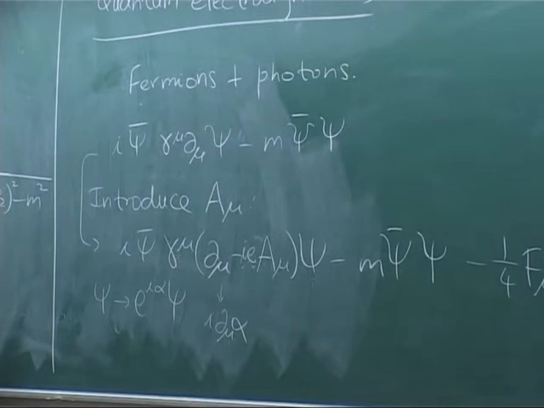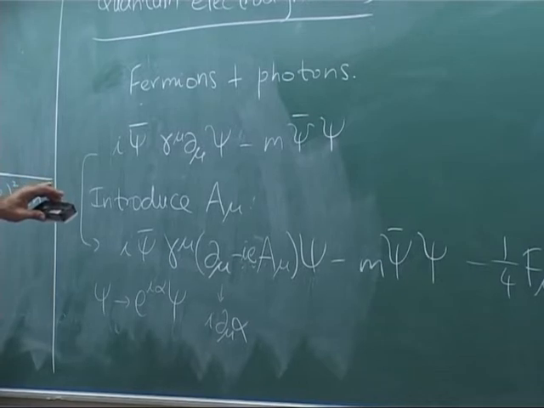In that first diagram, there's no mu in this. I've changed my theory. Here I was talking about scalars. Now I'm talking of a new theory.